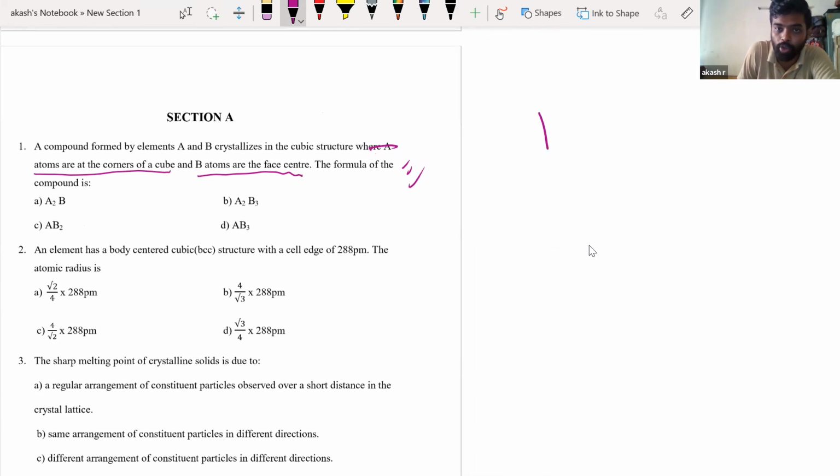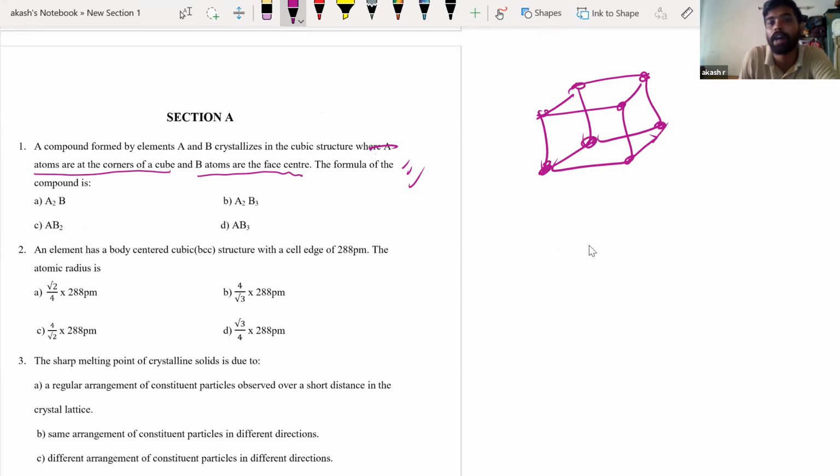So when I have a cube, please bear with my drawing. When you have the atoms at the corners of each cube, all the 8 corners, say all these are A atoms. Now, what you have to understand is this is one unit cell.